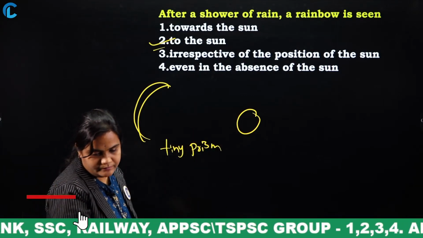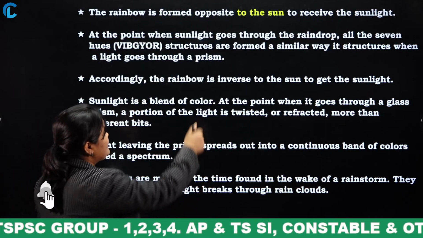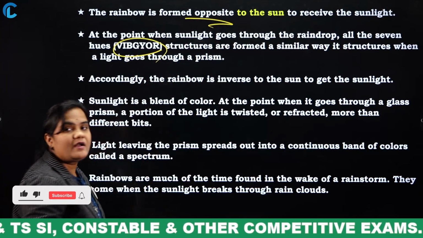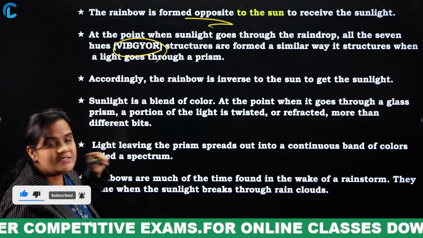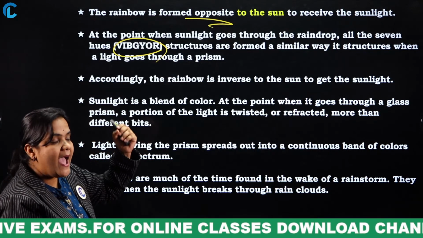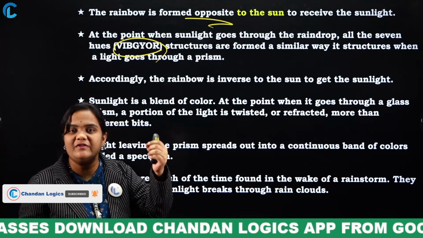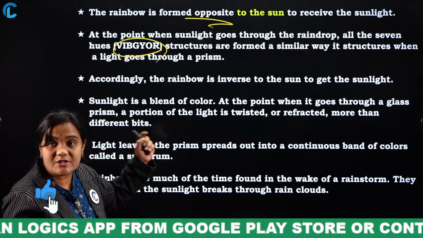What does this rainbow consist of? Violet, indigo, blue, green, yellow, orange, red. The sun rays hit the droplets of rain present in the air, so that a rainbow is observed opposite to the sun.